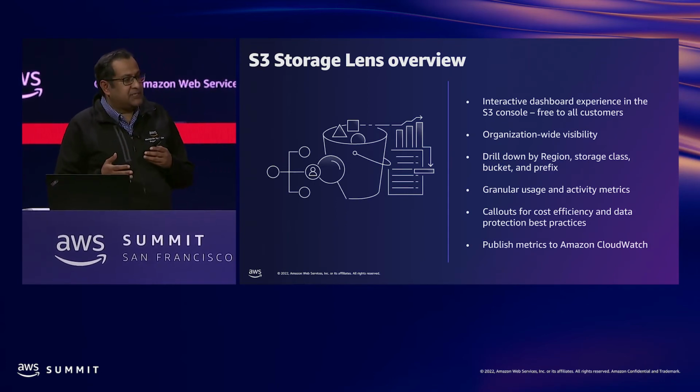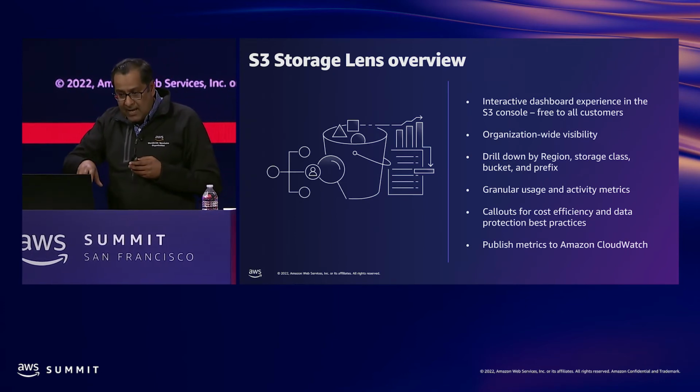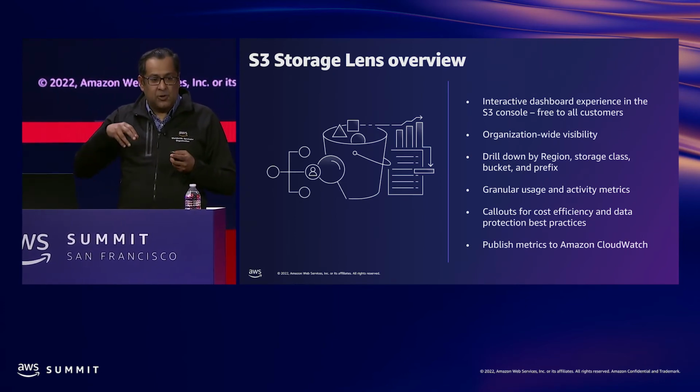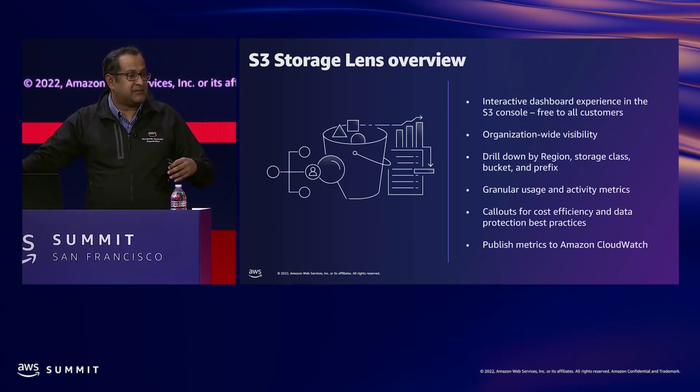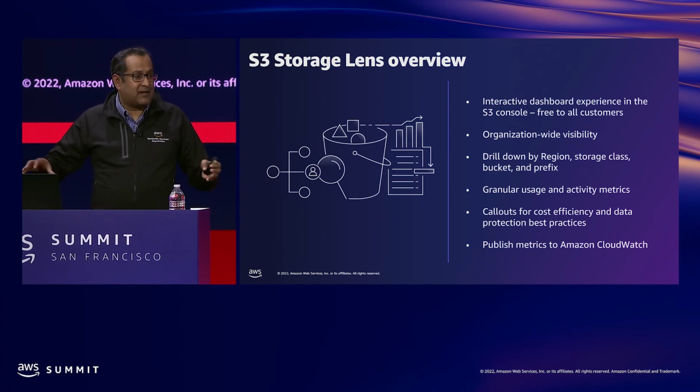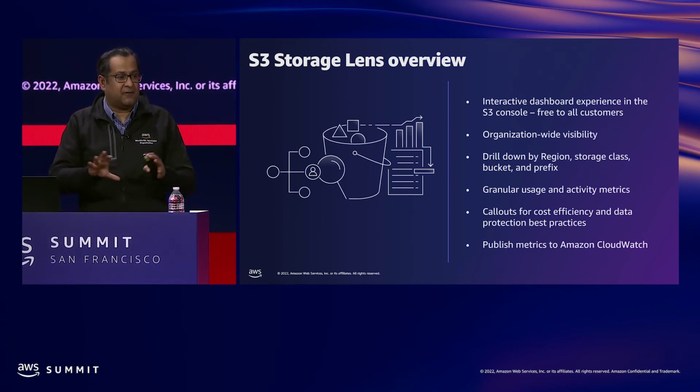Storage Lens provides you with an interactive dashboard within the S3 console, and that provides you with visibility into your storage across the entire organization, right? So if you've got many accounts, many buckets, doesn't matter. It provides you a dashboard that will give you visibility into your storage usage and activity across all of that.